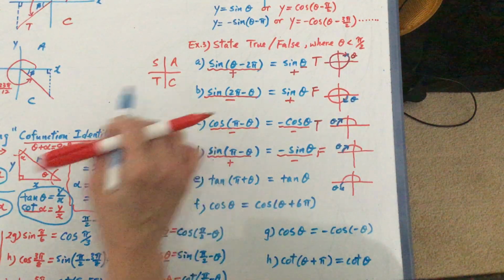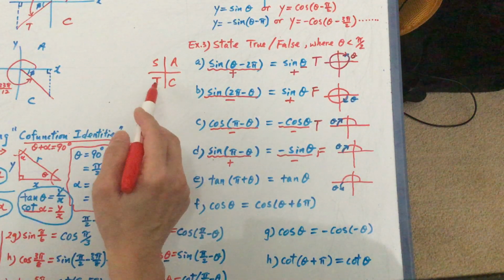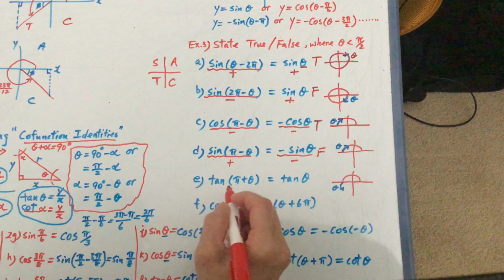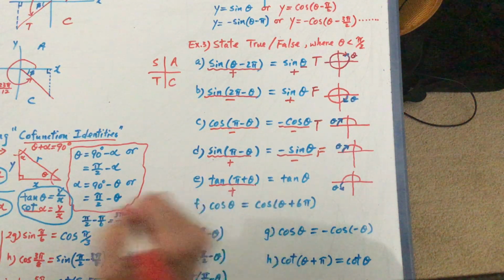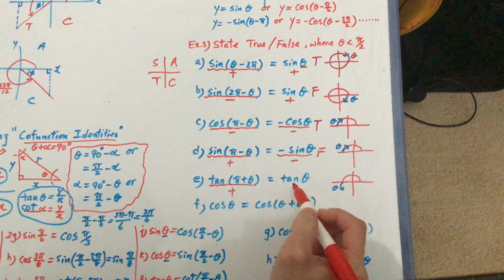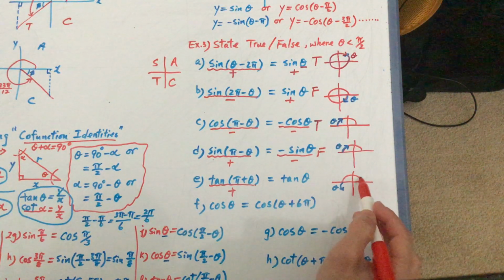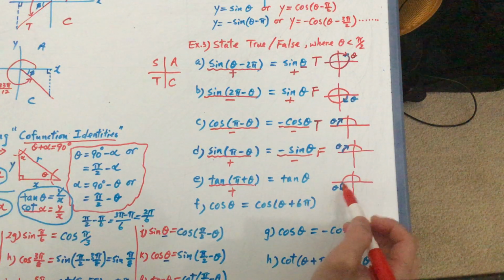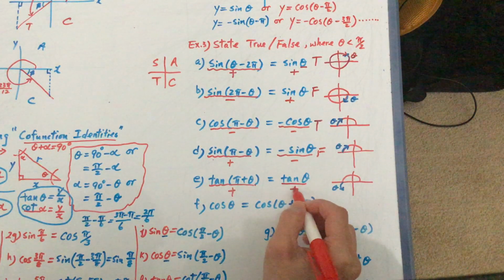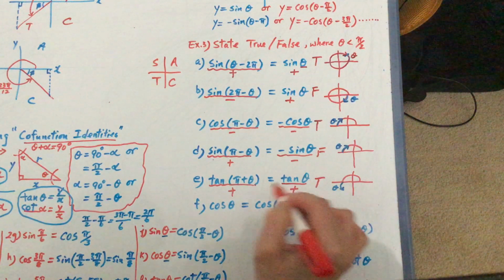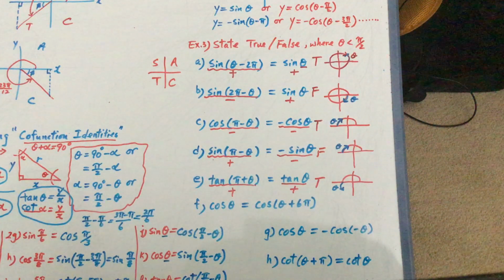And in quadrant 3, from the CAS rule, tangent is positive. So all of this is going to be equal to positive. And tangent theta, again, is in quadrant 1 because theta is less than 90. So this one is also positive. So this one is true, because a positive should equal a positive.